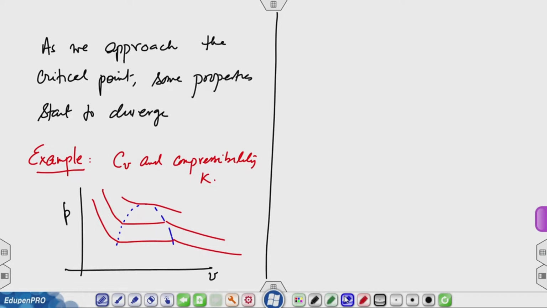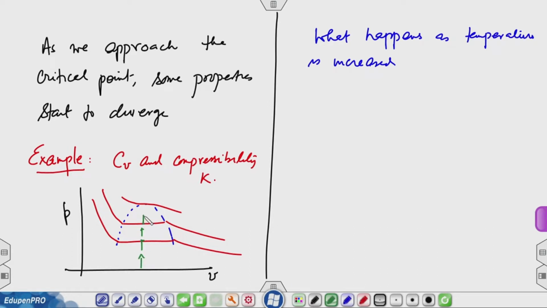What happens when temperature is increased? Keeping the volume the same, you go this way and you start reaching the critical point.